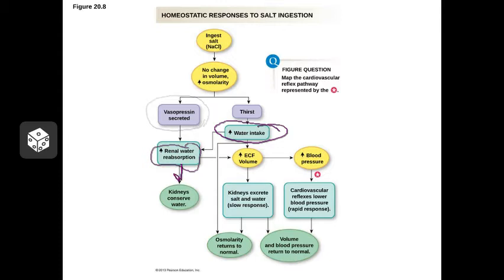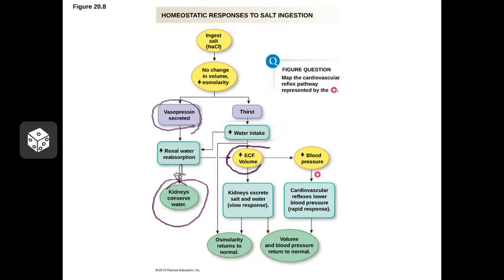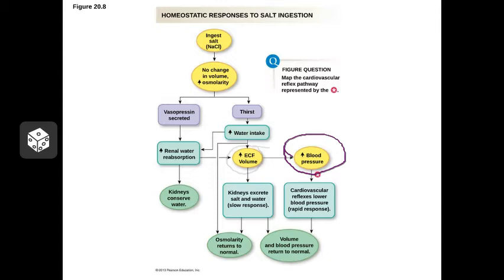Now, in this pathway, we know that ADH, vasopressin, causes the kidneys to conserve water. Water intake and water reabsorption are going to increase extracellular fluid volume. That will cause an increase in blood pressure. Well, what happens when this occurs?